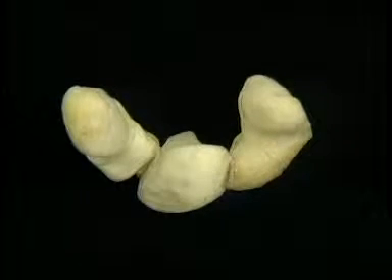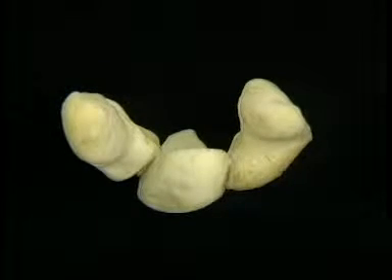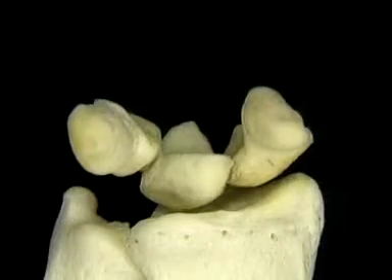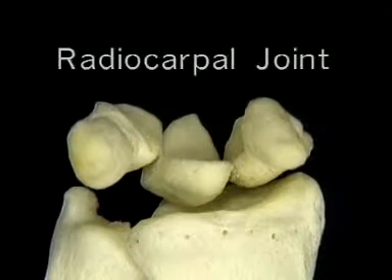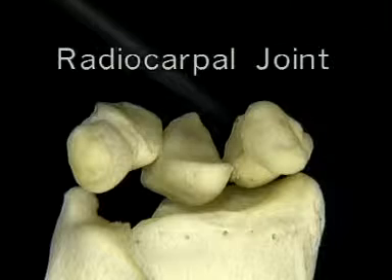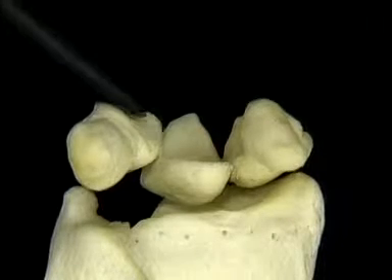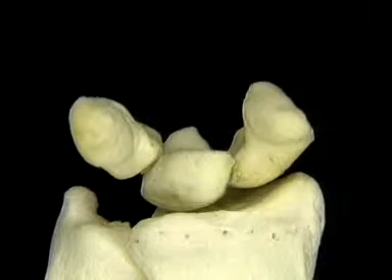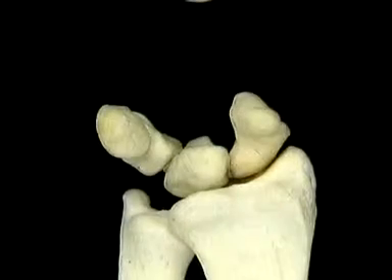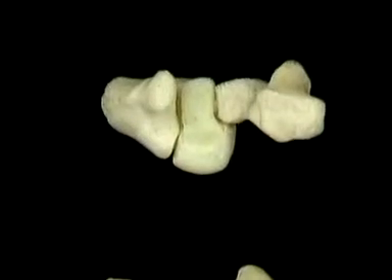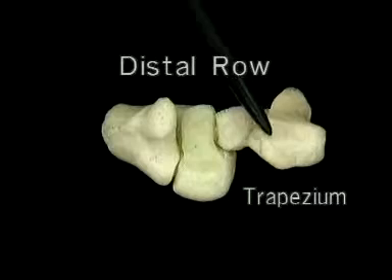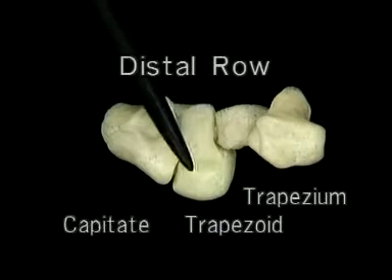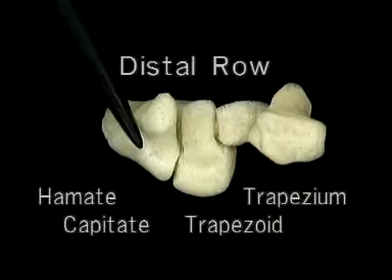The scaphoid, the lunate, and part of the triquetral articulate with the distal end of the radius to form the radiocarpal joint. The distal surface of the proximal row forms a deeply concave notch which the bones of the distal row fit into. The bones of the distal row are the trapezium, the trapezoid, the capitate, and the hamate.